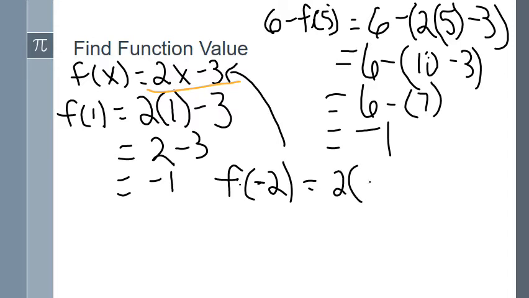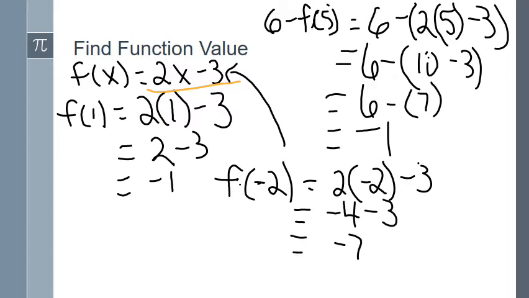I'm going to put in 2 times minus 2 minus 3. And 2 times minus 2 is minus 4. Minus 4 minus 3 equals minus 7. So when x is minus 2, f of x or y is equal to minus 7.